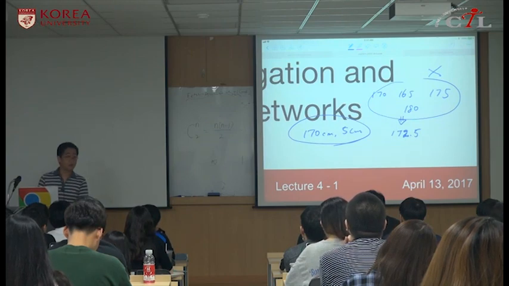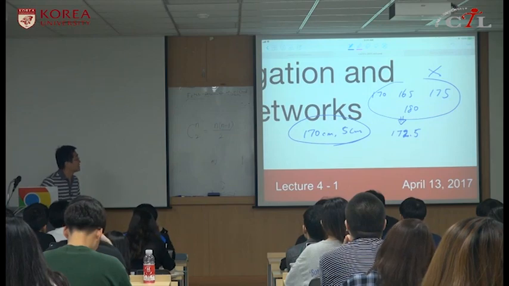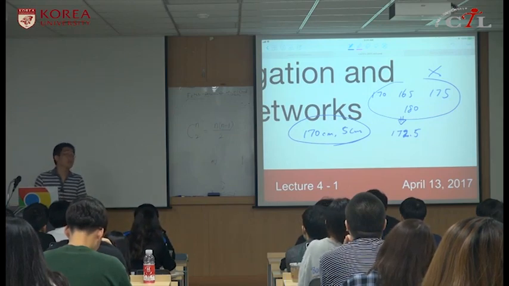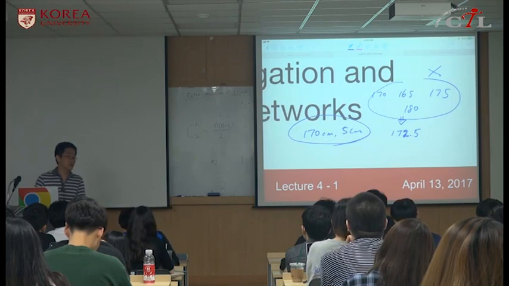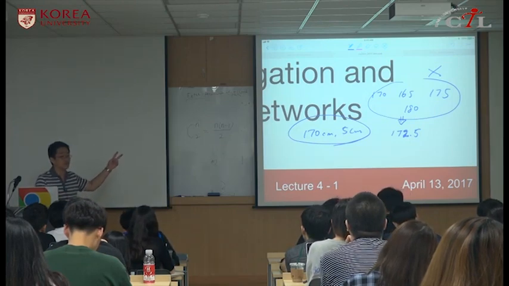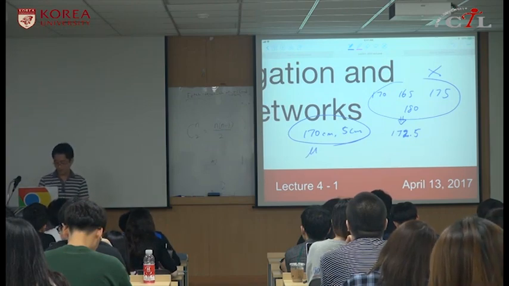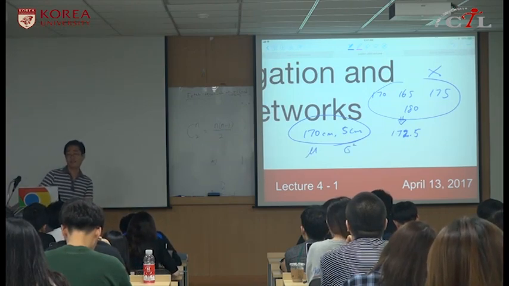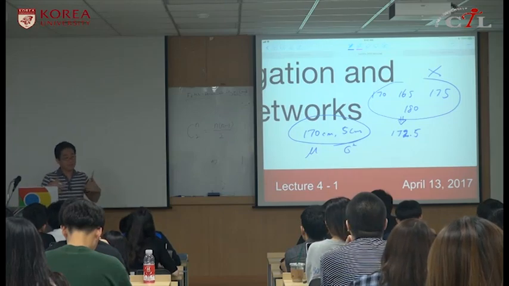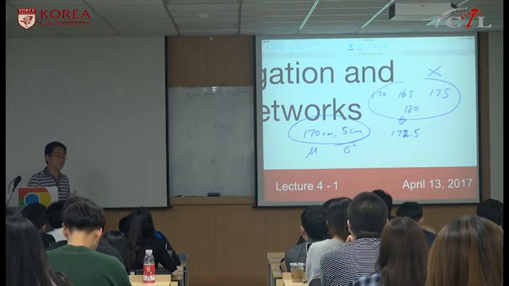We also have the prior belief that the person's height follows a Gaussian distribution, which only needs those two parameters, mean and standard deviation. So we have our own prior belief.